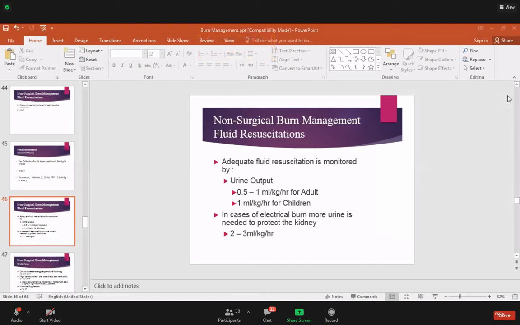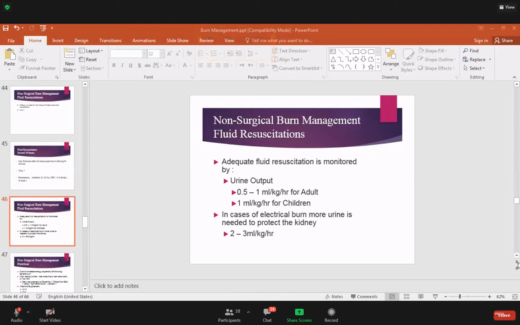The difference is in electrical burns. If the patient has electrical burns, for kidney protection we give more fluid for resuscitation, and we have to maintain a urine output of 2 to 3 ml per kg. Now, this patient with electrical burn, we are expecting to have about 140 to 180 ml per hour as urine output.